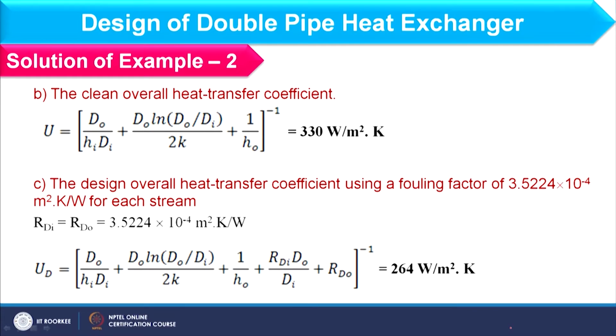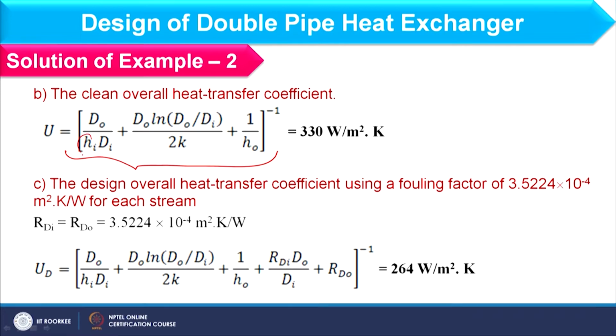Next parameter we have to calculate is the clean overall heat transfer coefficient. Clean overall heat transfer coefficient means what? We have to use only 3 terms, which include the heat transfer coefficient at the inner pipe, the heat transfer coefficient in the annulus side and the material of the inner tube, right. So, here you can simply use this expression of overall heat transfer coefficient at clean condition.